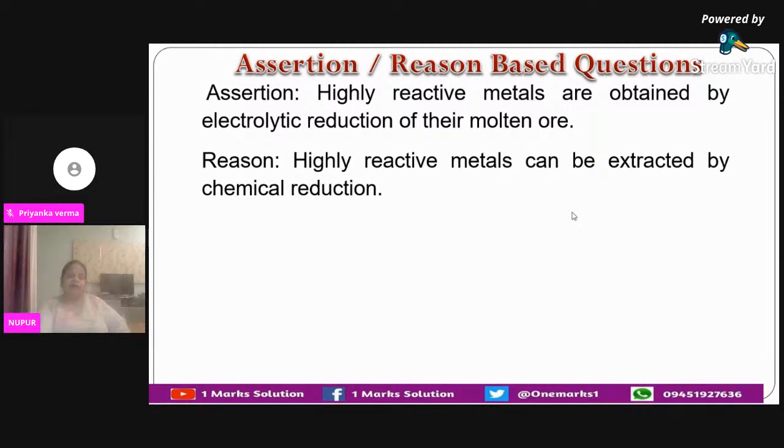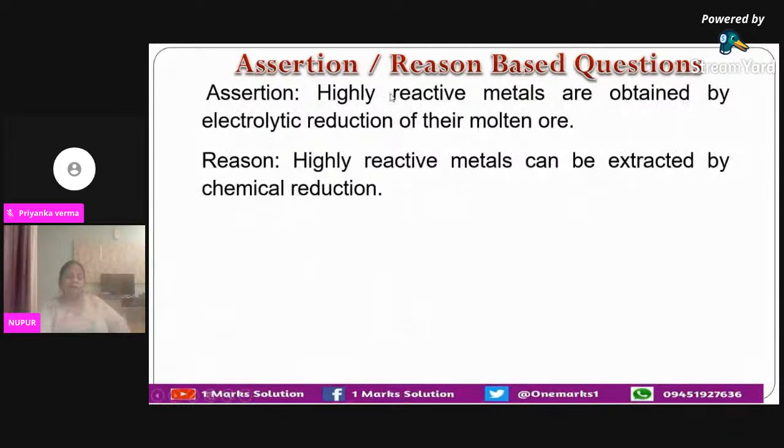Okay. Now we come to the assertion: highly reactive metals are obtained by electrolytic reduction of their molten ore. The reason given is highly reactive metals can be extracted by chemical reduction.